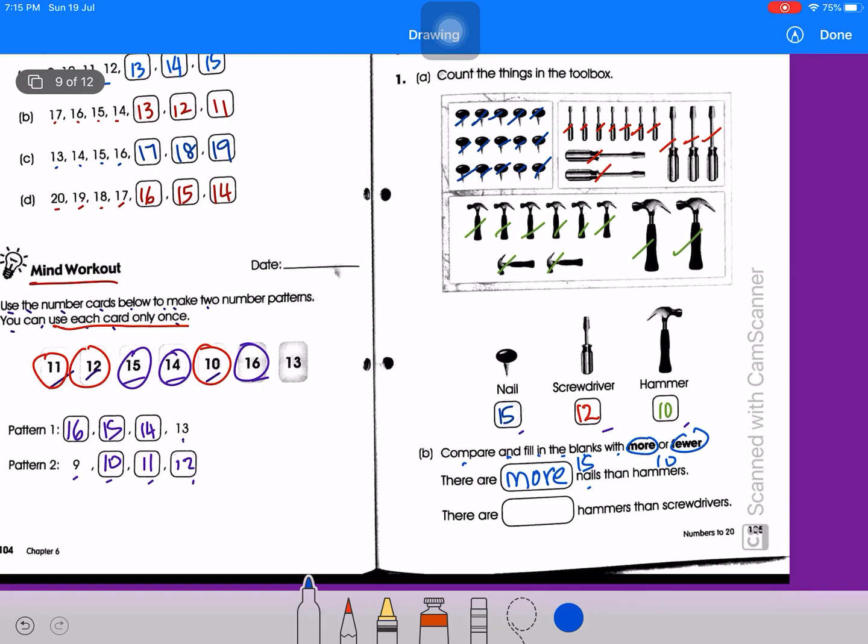So next one, there are what hammer than screwdriver. So we are comparing the quantity between screwdriver and the hammer. Hammer got 10 and screwdriver is 12. That means 10 compared with 12, 10 is less. That means fewer. So there are fewer hammers than screwdrivers.